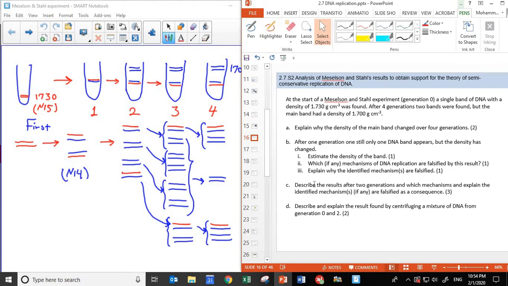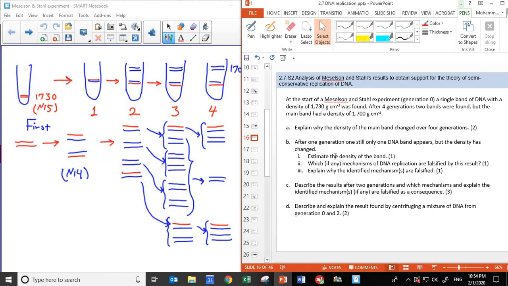Okay, let's have a look at the second question. After 1 generation, still only 1 DNA band appears, but the density has changed. So it is talking about generation 1, that in generation 1 you will see this pattern.